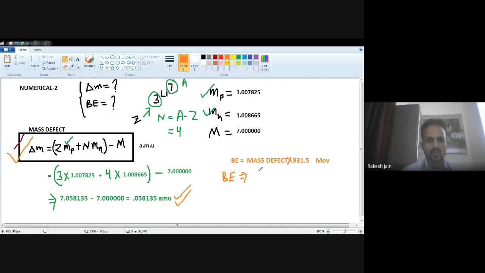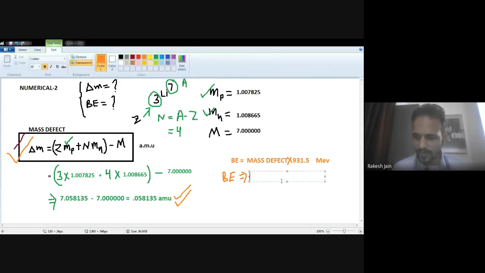Here for this question, I have to multiply 0.058135 by 931.5. This star is just to show you the multiplication sign, so don't be confused.